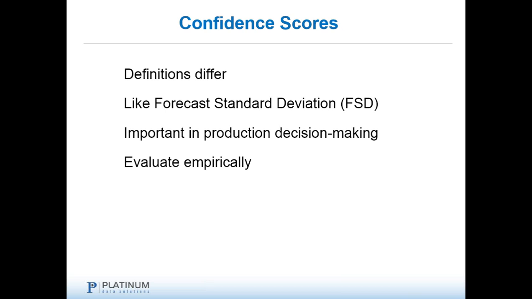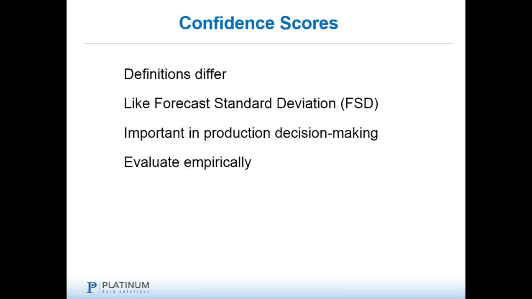One of the things that the AVM vendors have done in recent years is try to standardize on a forecast standard deviation, or FSD, as their confidence score. And that's fine, except there are a couple of assumptions that are made with a forecast standard deviation. And a forecast standard deviation is exactly that. It's a predicted standard deviation for the data.